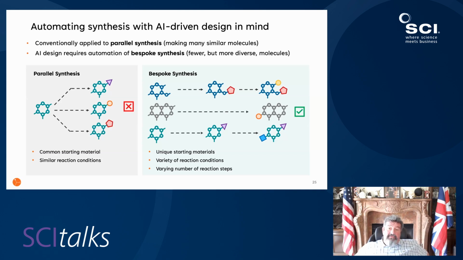Our platform allows very much a bespoke synthesis where we can do things like scaffold exploration, so changing some of the starting material, some of the cores, and being freer to use a different number of reaction routes and reaction types in order to maximally learn, going back to this active learning information content approach for the SAR optimization, structure activity optimization of the platform.